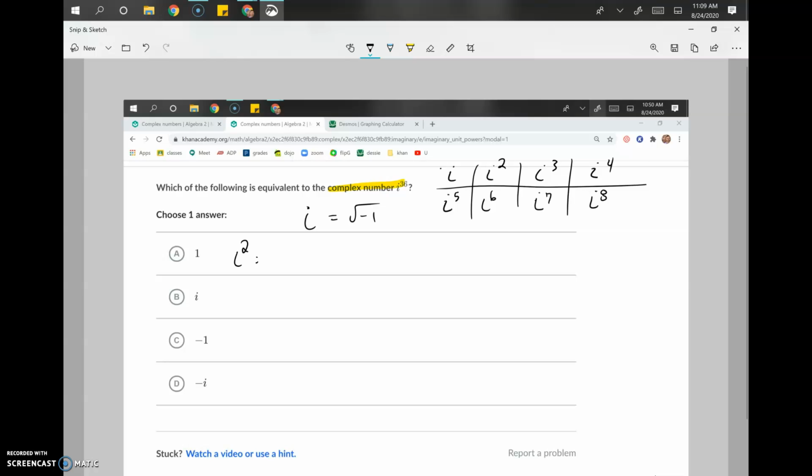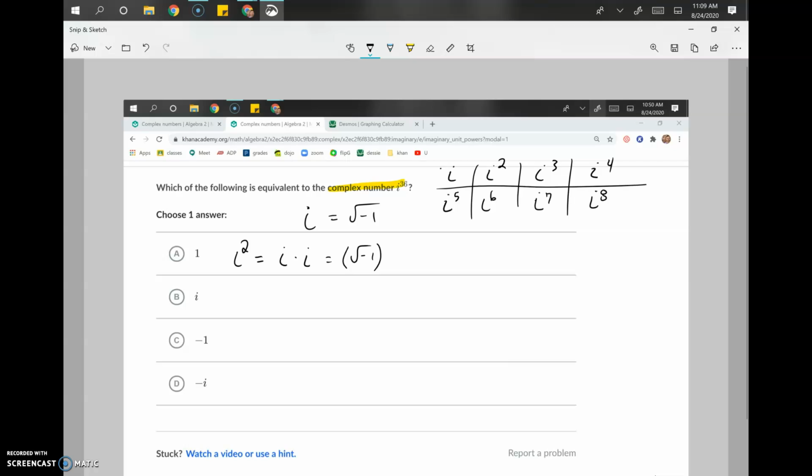i squared equals i times i. This is when you multiply bases, you add up the exponents. I'm working backwards here using the sum rule for exponents. i squared is i times i, and we know that i is the square root of -1.